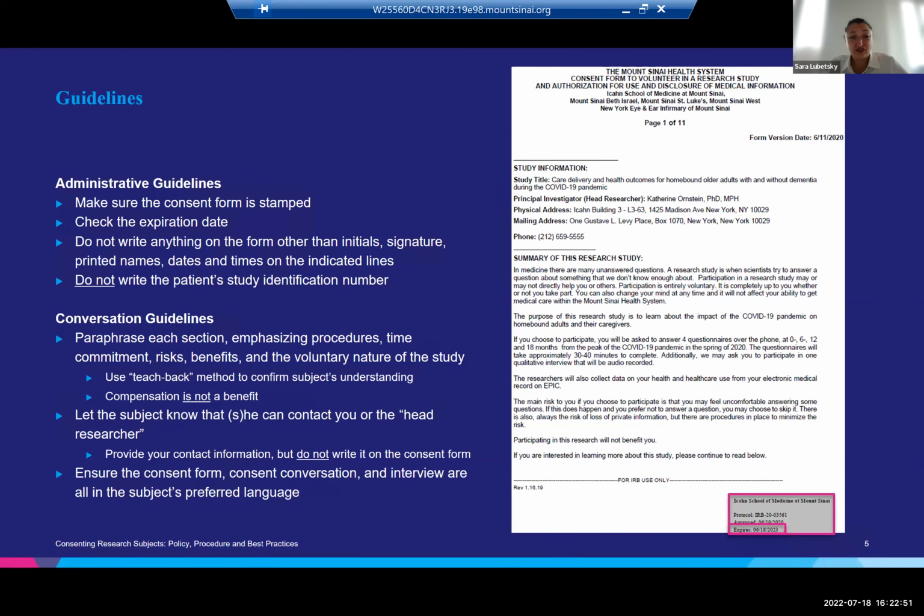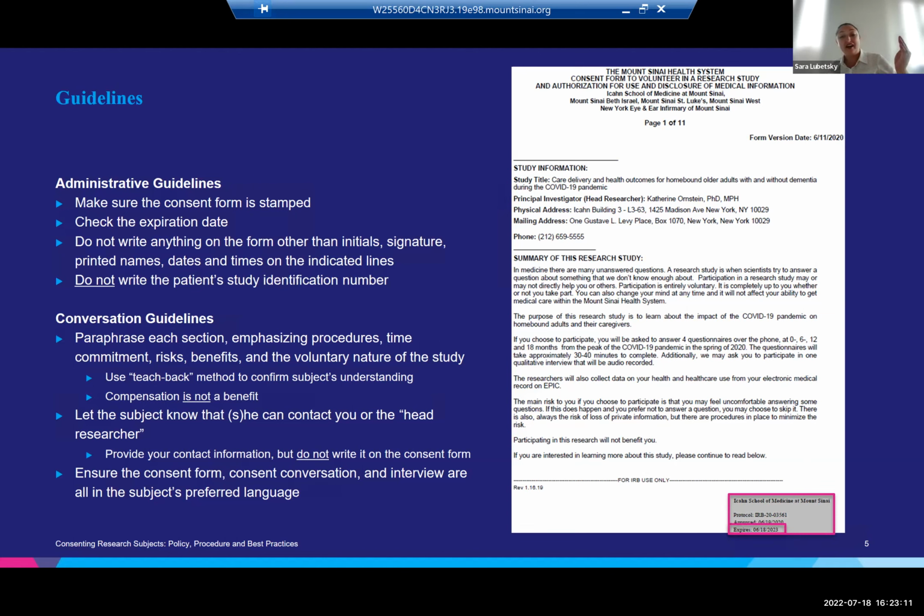Most of our studies are considered not for benefit studies, and you should always remember that compensation is not considered a benefit. It is simply compensation for their time and effort that they deserve for giving us their time and participating with us.